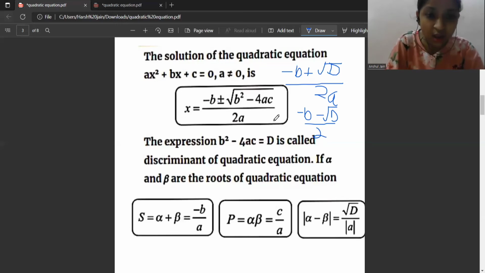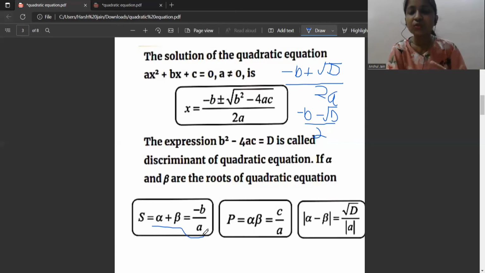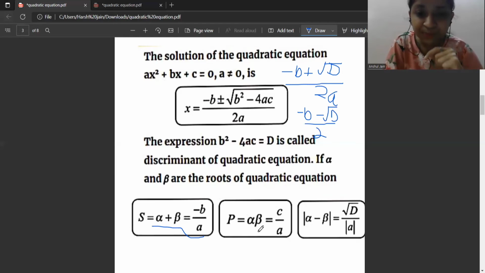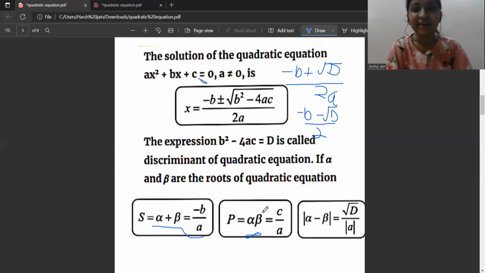You have learned in class 10 that the sum of the two roots of the quadratic equation is minus the coefficient of x upon the coefficient of x squared, and the product of the roots is the constant term upon the coefficient of x squared, right?